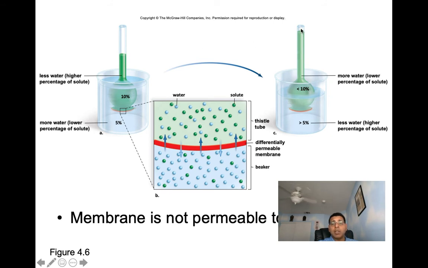The volume has increased to the top. So that 10% has been diluted. In the end, the concentration of solute in the tube is less than 10% because there is now less solute per volume of solution.